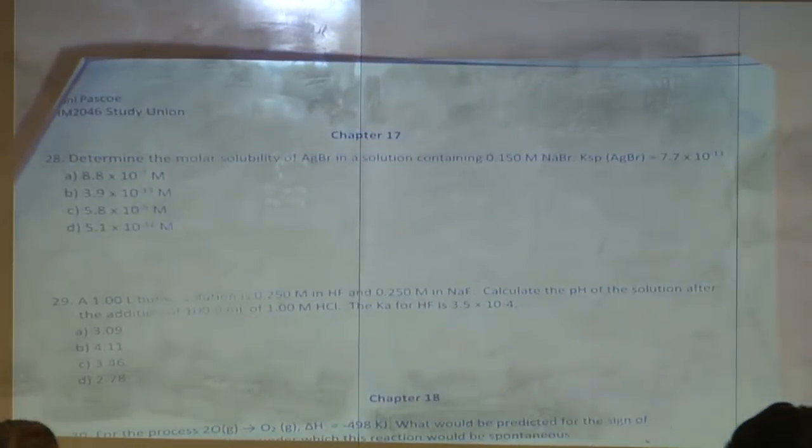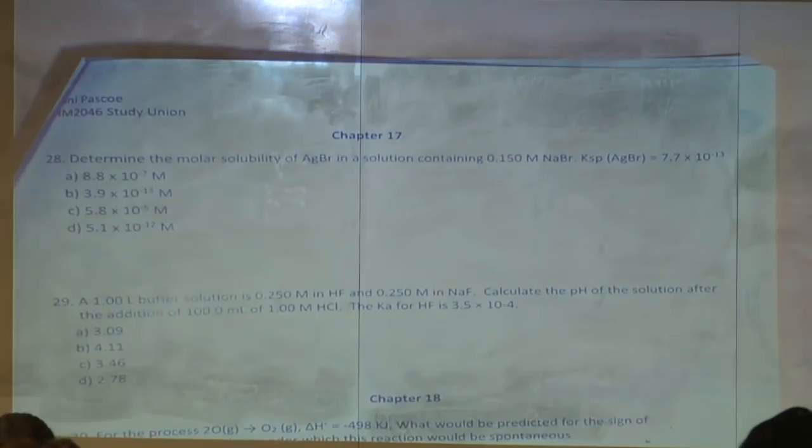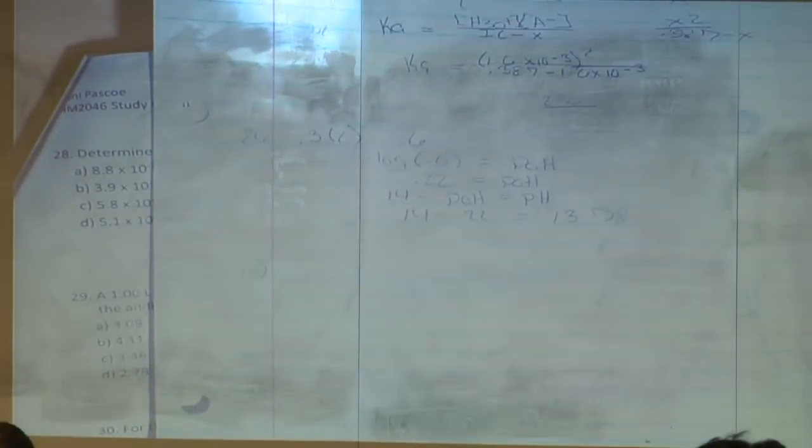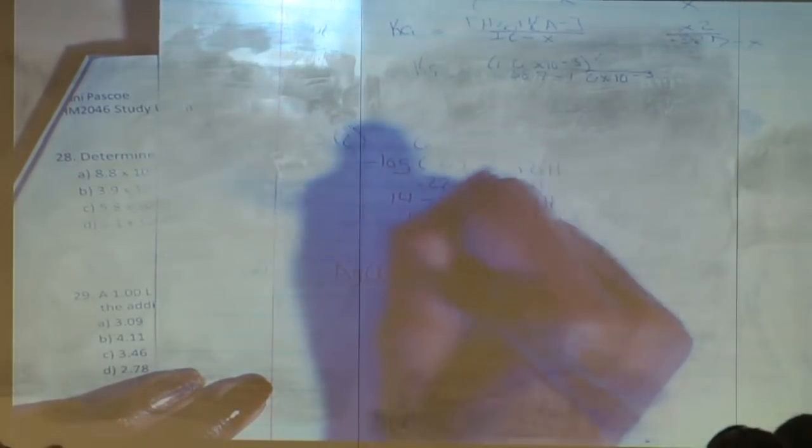Okay. 28 is a molar solubility problem. We're looking for the molar solubility of AgBr in a solution containing 0.15 M NaBr. To start this off, we're going to write how AgBr dissociates. AgBr is a solid.